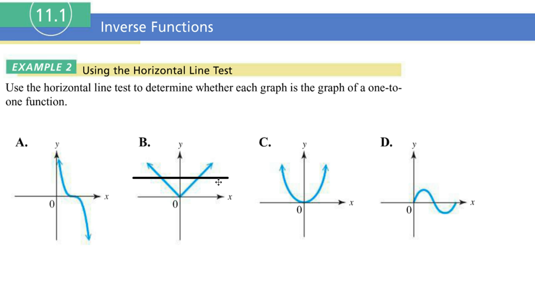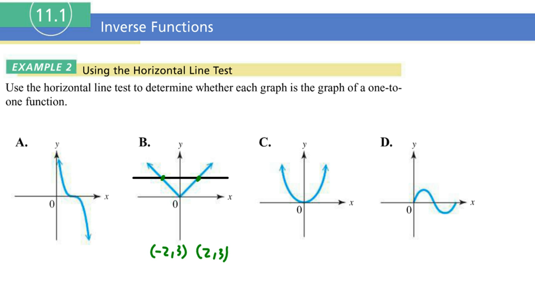Our horizontal line touches our function at two places, right here and right here. I'm just going to make up these numbers: this intersection is at (-2, 3), and this one is at (2, 3).